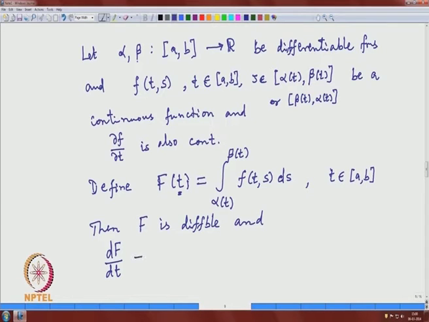So, it is not at all hard. So, this is the integral from alpha t to beta t of df by dt. So, now I am assuming that this is continuous. So, this integral makes sense.